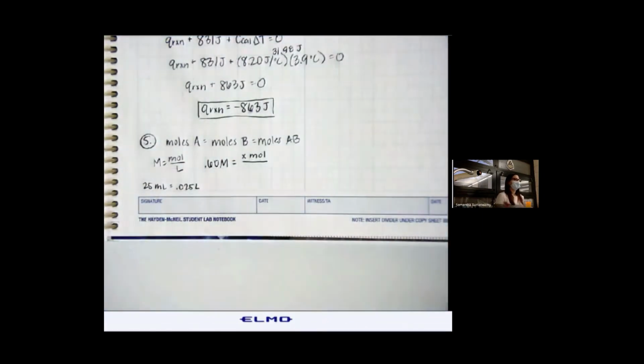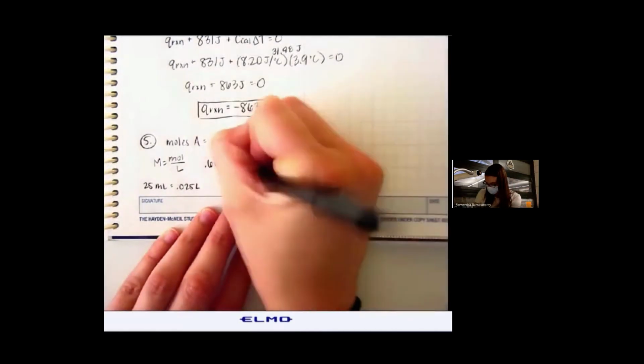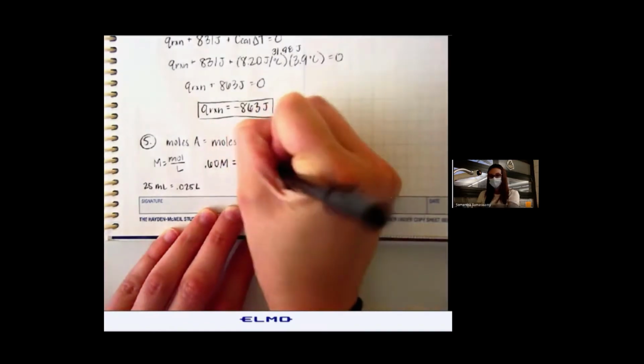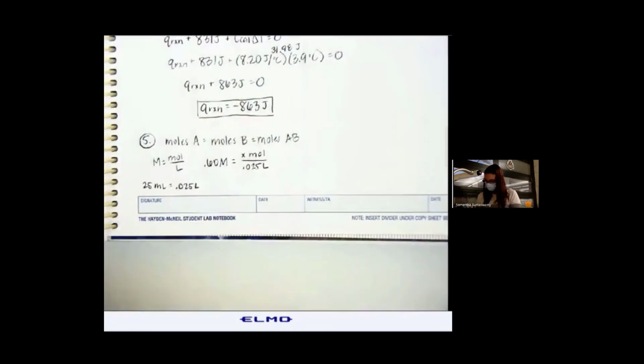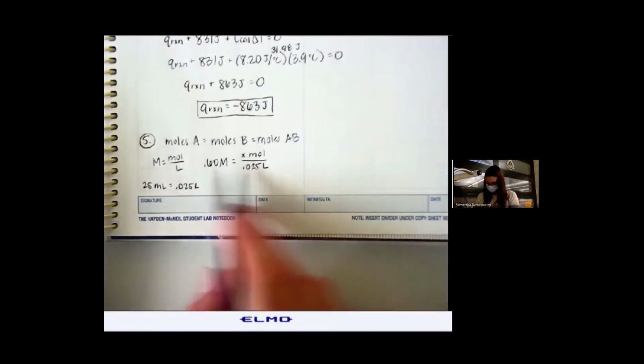If you remember that, you don't have to write that down. I'm just writing as much down as I can just to help us remember. It has to be in liters to plug it in. So 0.025 liters. So if I multiply these two, 0.6 times 0.025, 0.015.